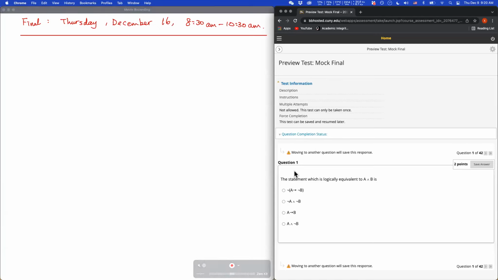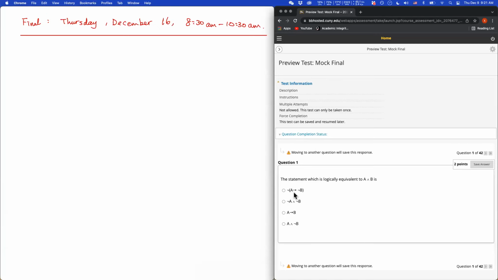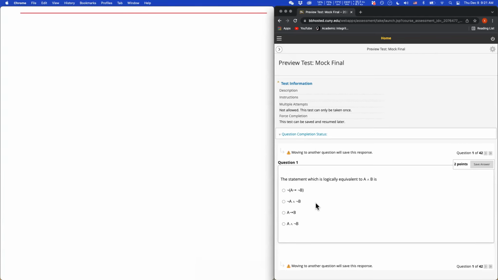Well, if you look at the following choices, you have negation of A implies not B. Well, we know A implies B is congruent to not A or B.